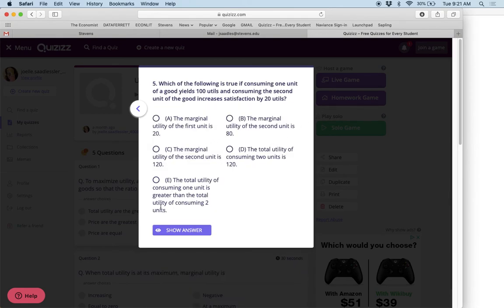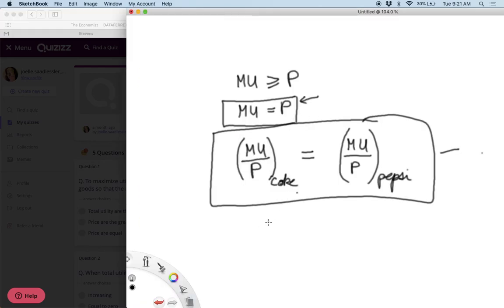Which of the following is true if consuming 1 unit of a good yields 100 utils and consuming the second unit of the good increases satisfaction by 20 utils? So what it's saying is total utility of 1 is 100 and marginal utility of the second is 20.